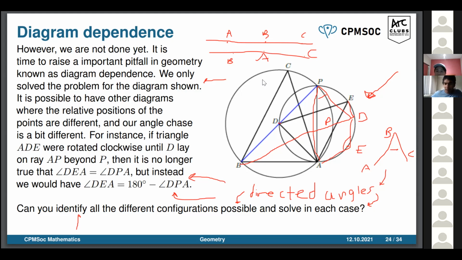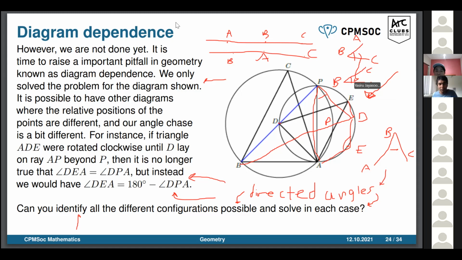A quick example: if you had ABC going clockwise here, the angle here in directed angles is the negative of this angle. So now ABC goes anti-clockwise, and in directed angles, you assume these two angles are actually negatives of each other.